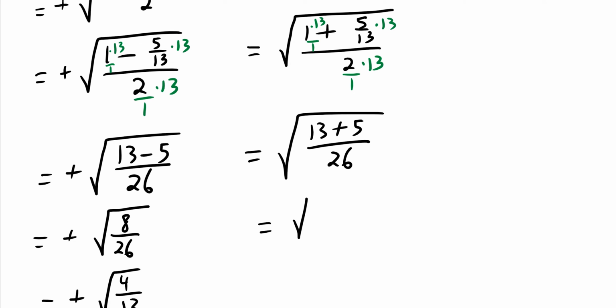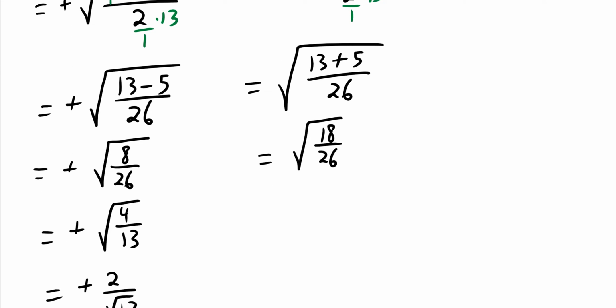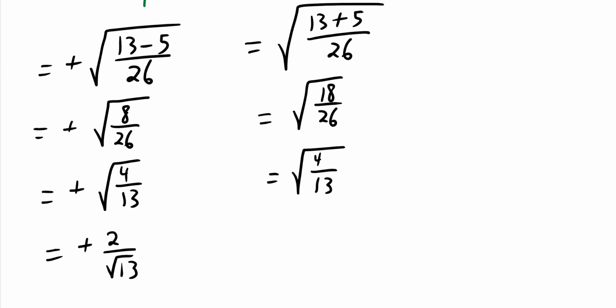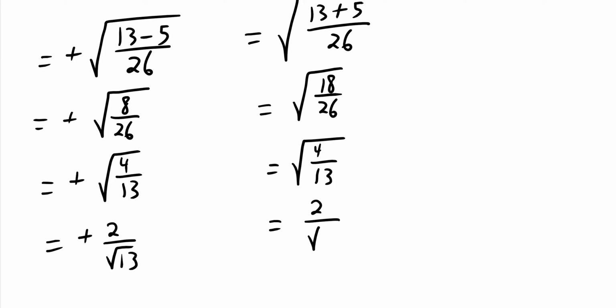That gives us 18 over 26. I like to show this step by step. So we can reduce by 2, 9 over 13. The square root of 9 is 3 and the square root of 13 is the square root of 13. So 3 over the square root of 13.